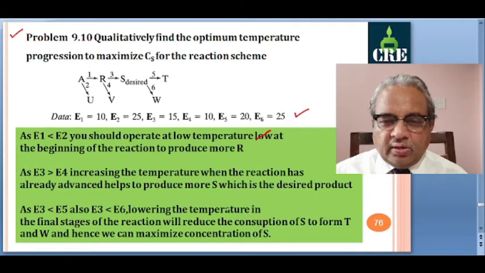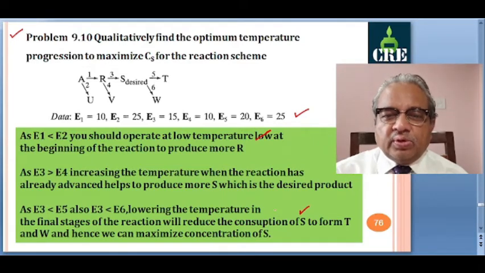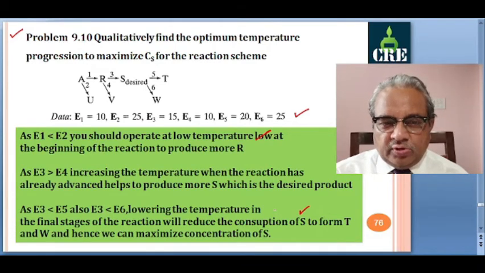By lowering the reaction temperature in the final stages, the reaction will reduce the consumption of S to form T and W, so we can maximize the concentration of S. So by simple arguments we can decide how the temperature progression should be qualitatively.